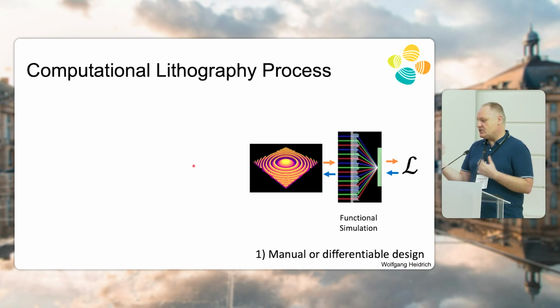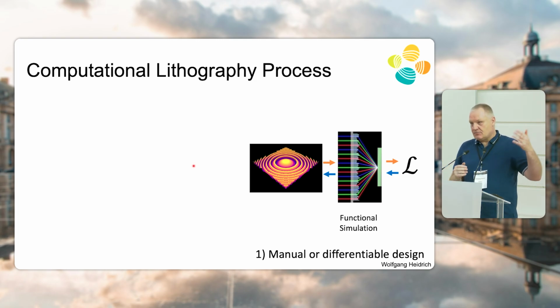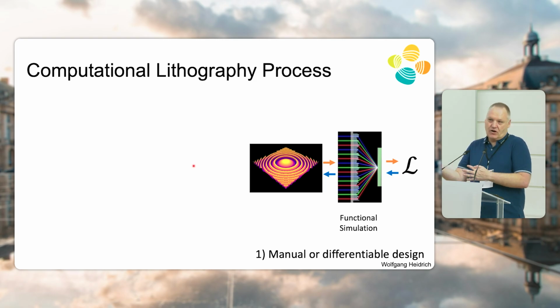So computational lithography, basically the idea is as follows. You start with some kind of a design process, right? It's either the end-to-end design process for an optical device that I've described earlier, so either automatic or some manual process or an analytical function, whatever it may be.